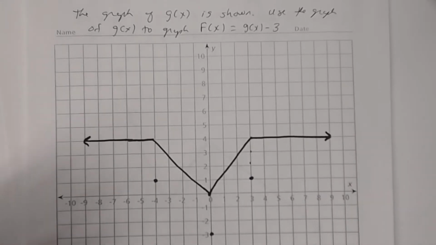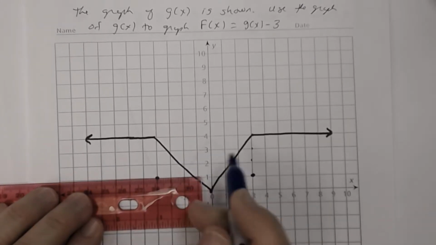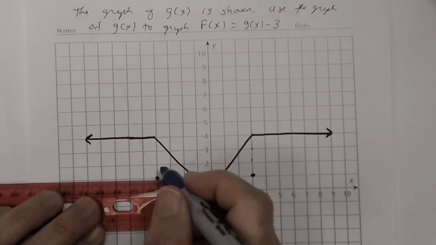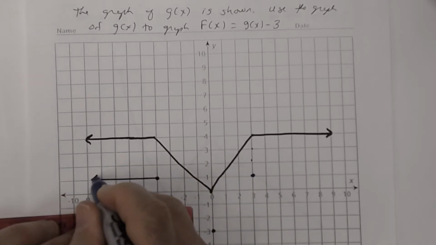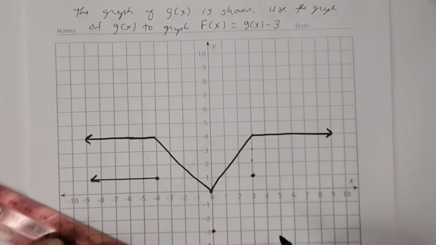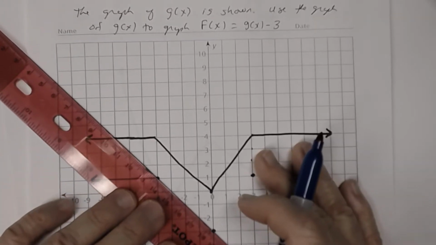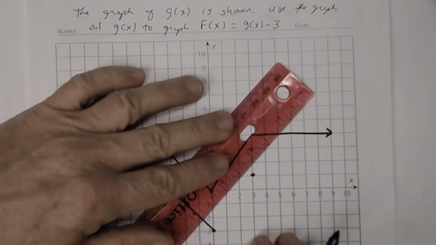So I would just show the rays just like they are, except everything has been shifted down 3 units, just like this. Do the best you can. I'm doing this in blue. Notice everything is shifted down 3 units, and that's all that one is. You just finish up the graph and go on to the next problem.